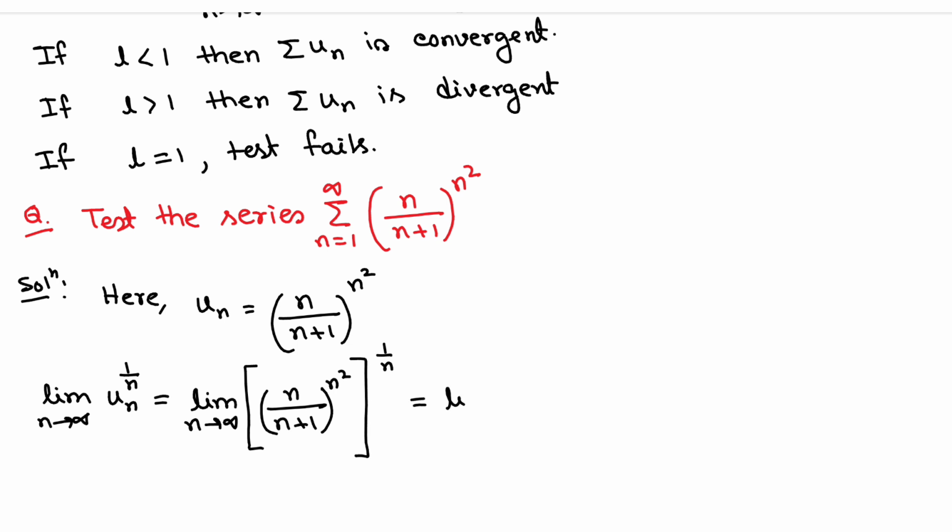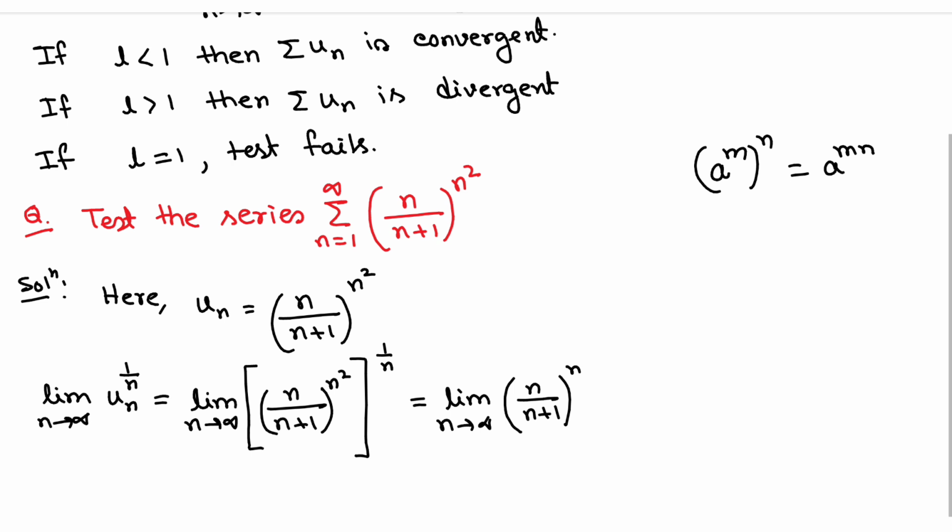So this is equal to limit n tends to infinity, this n square and 1 by n will be multiplied, so this will be n by n plus 1 whole to the power n, because you have a formula that a to the power m whole to the power n, then m and n will be multiplied, so this is equal to a to the power m into n. That's why n square into 1 by n, so this will be n. Okay, now if I divide by n, so this will be limit n tends to infinity 1 by 1 plus 1 by n whole to the power n.